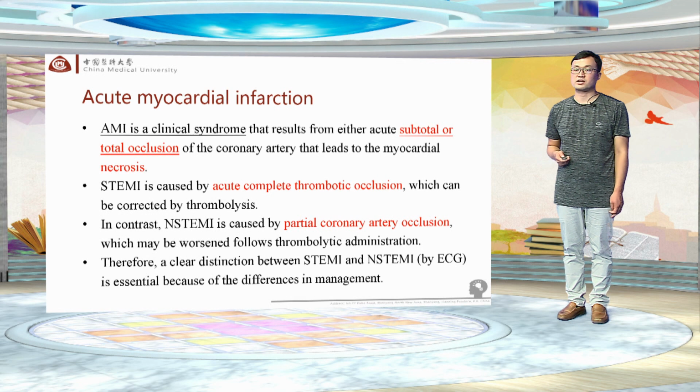In contrast, non-ST elevated myocardial infarction is caused by partial coronary artery occlusion, which can't be treated by thrombolytic administration. So, a clinical distinction between these two diseases is essential because of the differences in management.